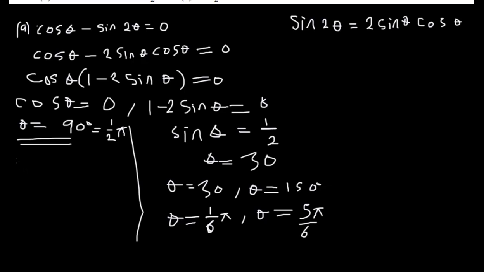And then in the other quadrant, theta is going to be 360 minus 90, so you get your answer to be 270. And when you convert this 270 into radians, your answer will be 3 over 2 pi.